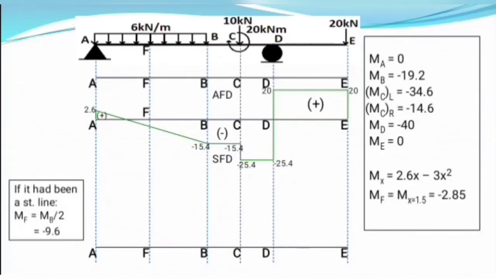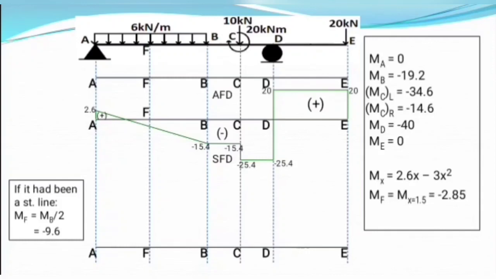If we were allowed to join point A and B with a straight line, what would be the value of bending moment, the ordinate, at point F? It would be half of the bending moment at point B, which is minus 19.2 divided by 2 equals minus 9.6. But our actual value of bending moment at point F is minus 2.85, which is numerically less than 9.6.